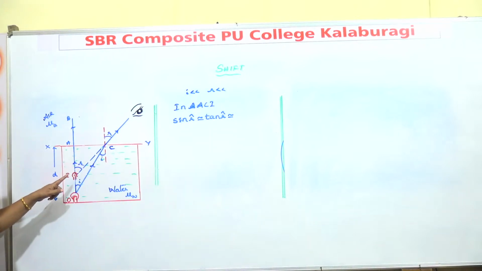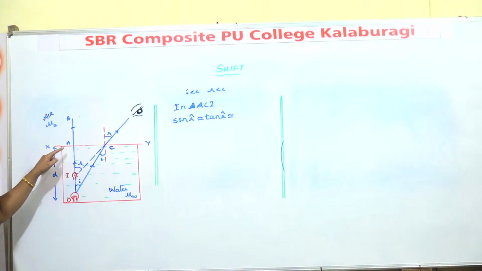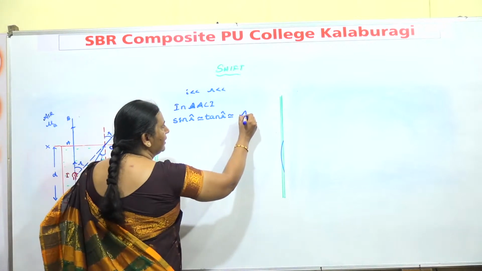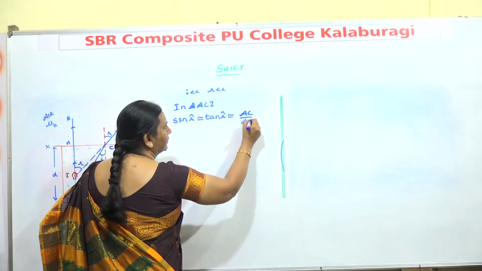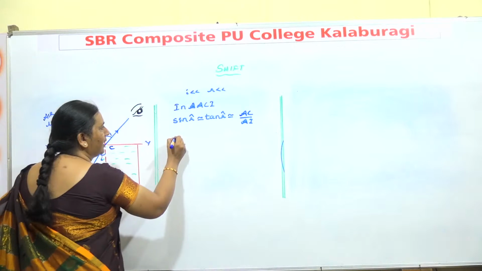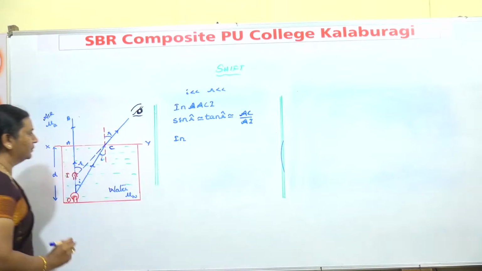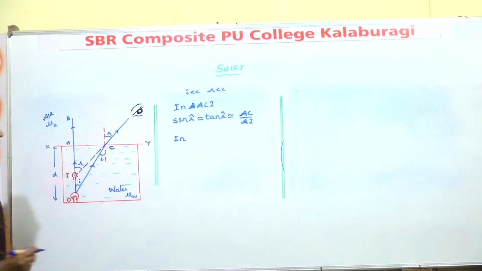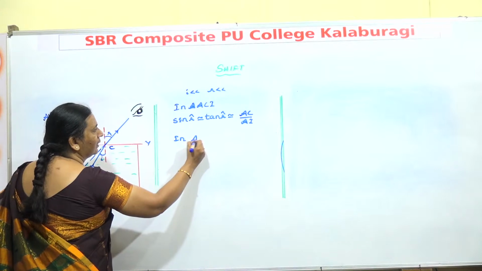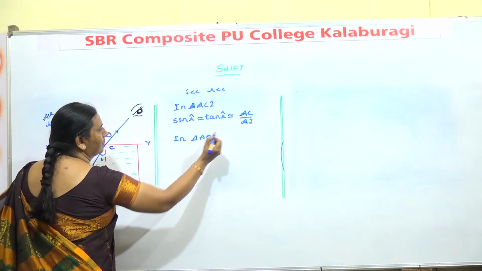So what are you going to write then? Tan R is opposite side by base, that becomes AC divided by AI. Similarly in triangle AOC, what can you write?